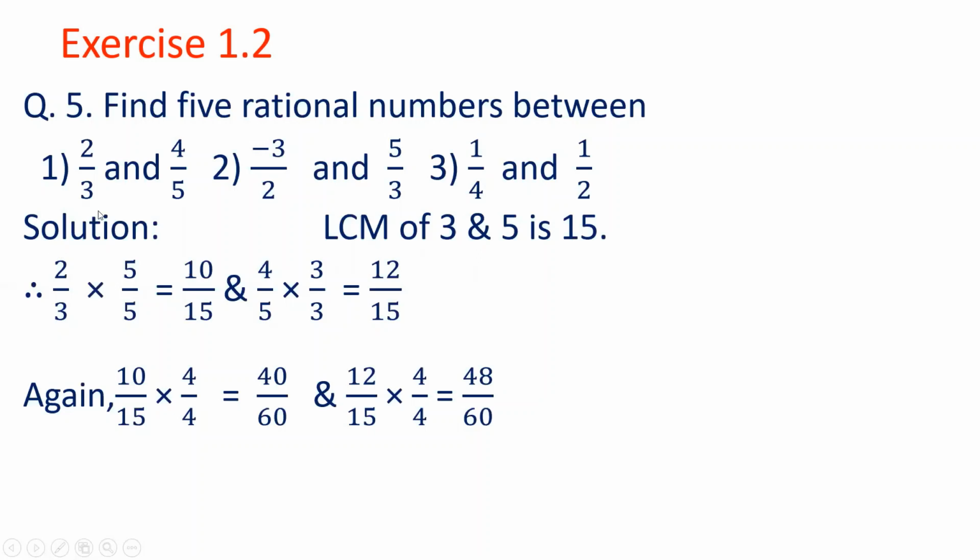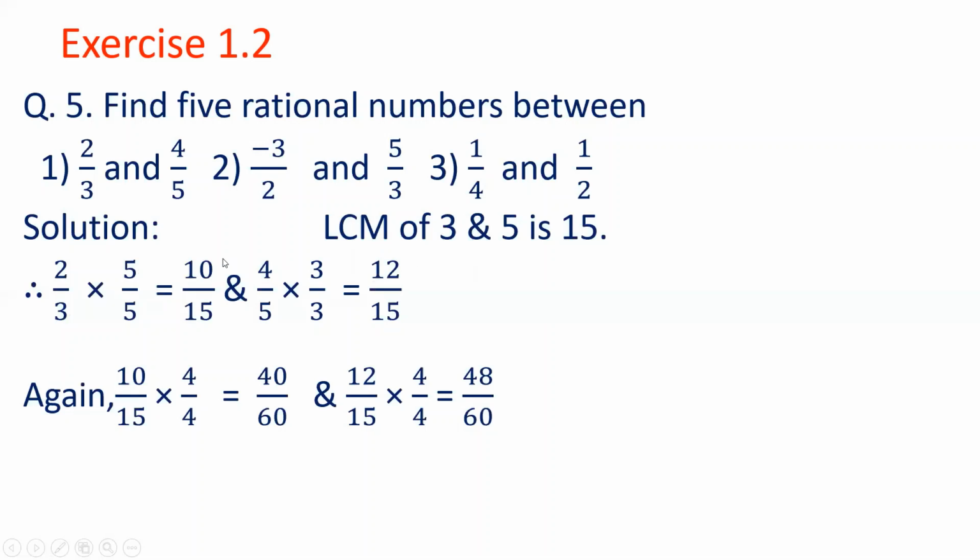Here, because both the denominators are different, first we take the LCM of 3 and 5, that is 15, converting 2 upon 3 and 4 upon 5 into equivalent rational numbers so that both will have the same denominator 15. We are getting 10 upon 15 and 12 upon 15.